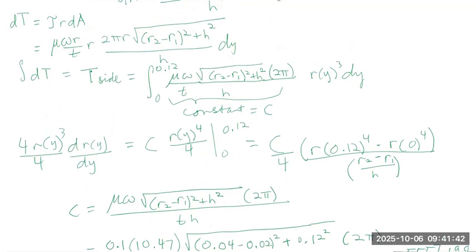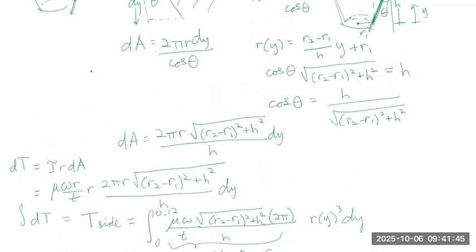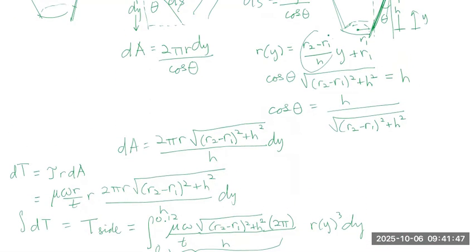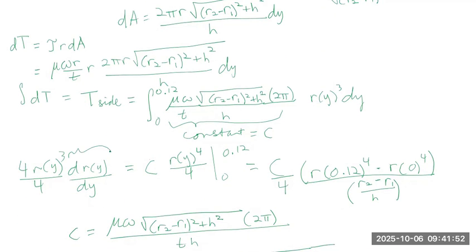And dR with respect to dy is actually going to be R2 minus R1 over H. So when we are integrating it, we have to make sure to take this into account by dividing by it, so that it cancels out and gives us what we have originally. So that is why. And this is an important step to remember to do.